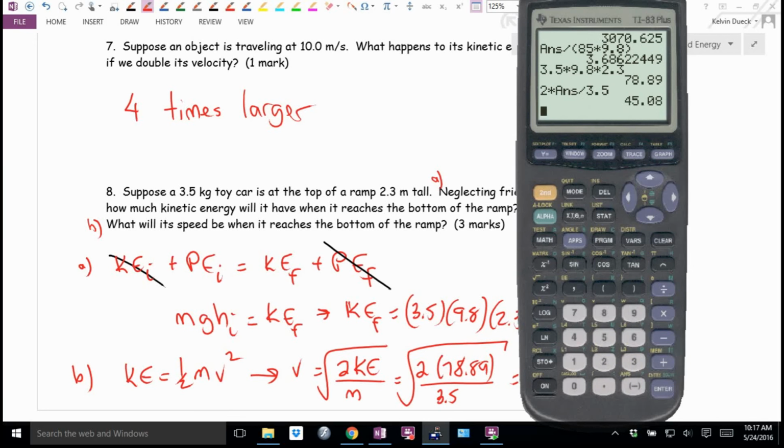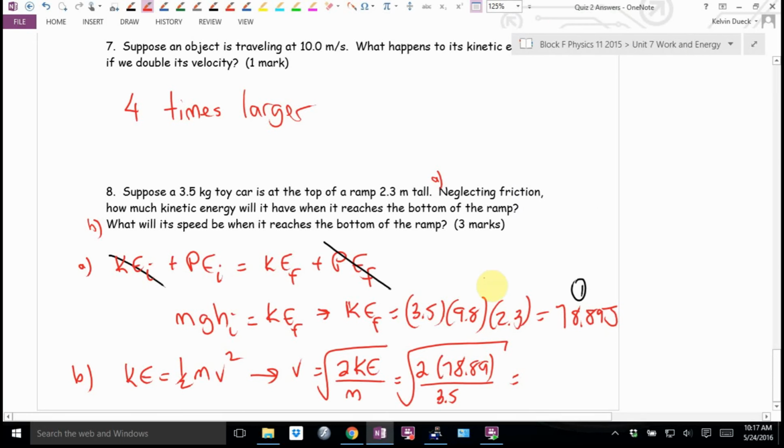Don't forget to square root. 6.7? 6.71. I'll go 6.7 meters per second. I would probably give you 1 mark if I saw that, and then 1 mark for the answer, and there's your 3 marks.